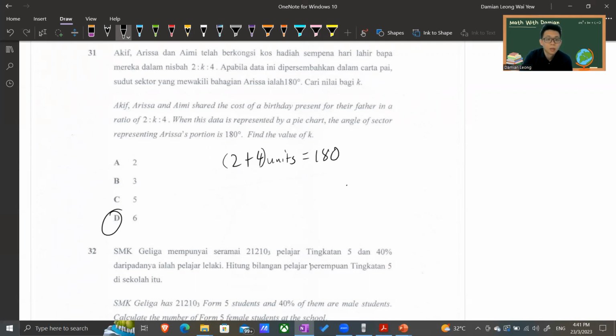So 6 units is 180. Find the total, 360 degrees. That is 12 units in your ratio. Means in total there are 12 units. So 12 minus 2 minus 4, 6. Okay, that also works.